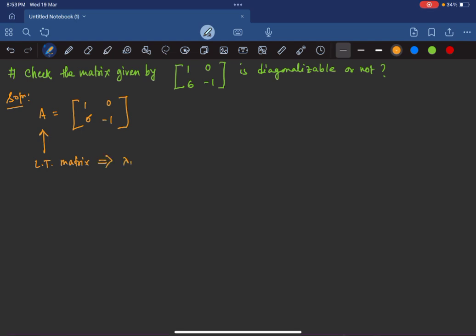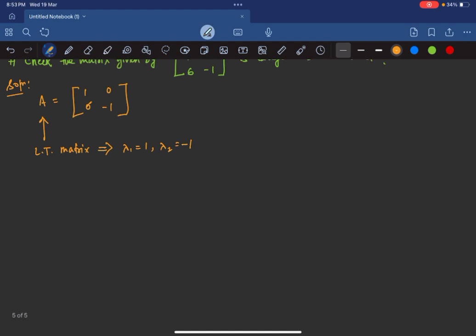For them the principal diagonal entries will be the eigenvalues. So lambda 1 equals 1 and lambda 2 equals minus 1. These are the eigenvalues we have. This is a lower triangular matrix, so directly we can write it. Corresponding to lambda 1 equals 1, let us find the eigenvector. So (A minus 1 into I) multiplied with x equals the null vector.